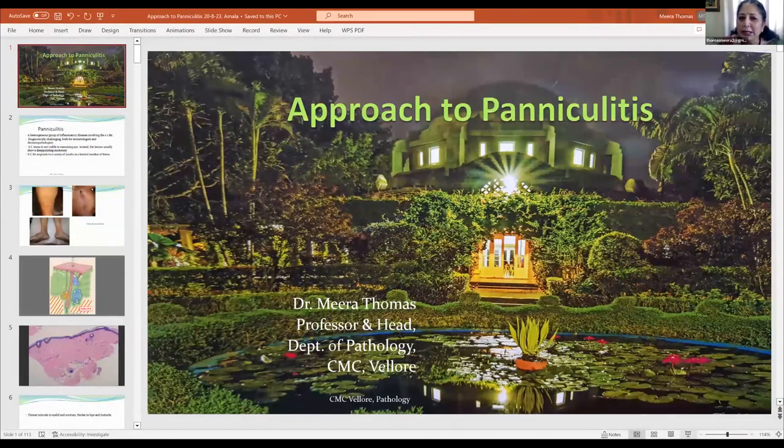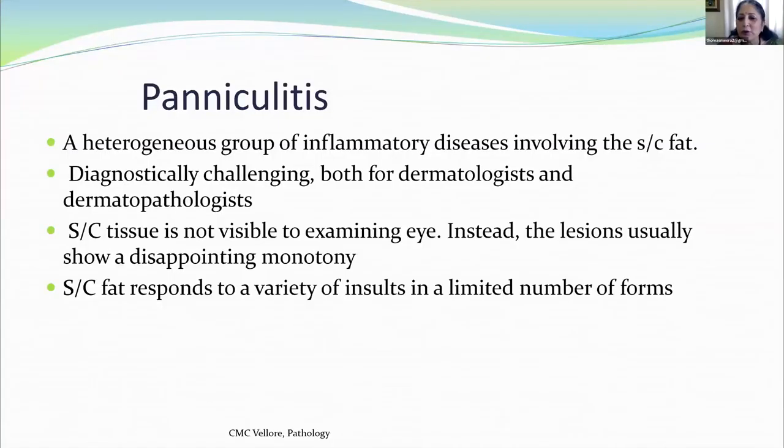So panniculitis, like you all know, is a heterogeneous group of disorders which involve the subcutaneous fat. They are diagnostically challenging, not only for the dermatopathologist, but for the dermatologist as well, because it looks very similar on examination. All the lesions look almost alike.